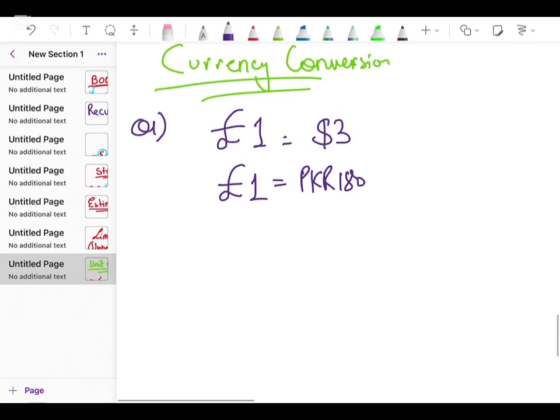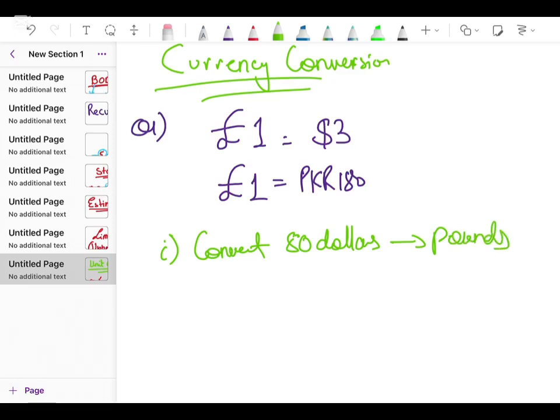So the data given is 1 pound is equal to $3 and 1 pound is equal to PKR 180 rupees. So the first part I have to convert $80 to pounds.